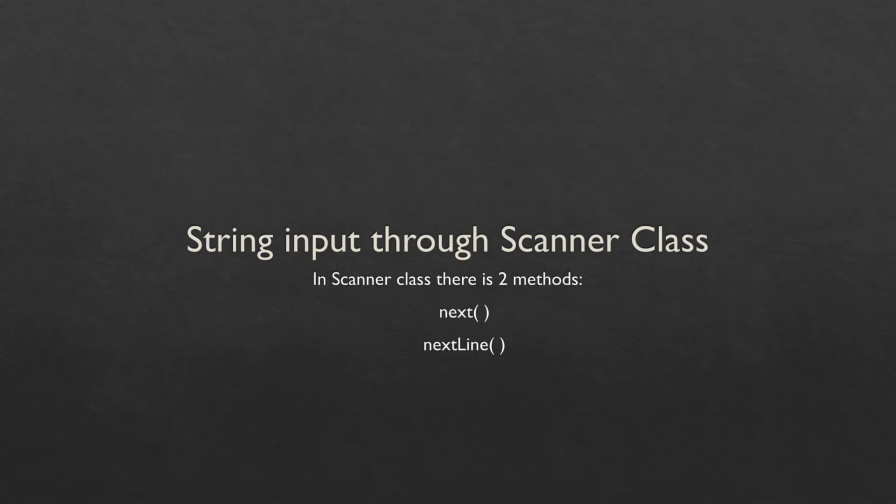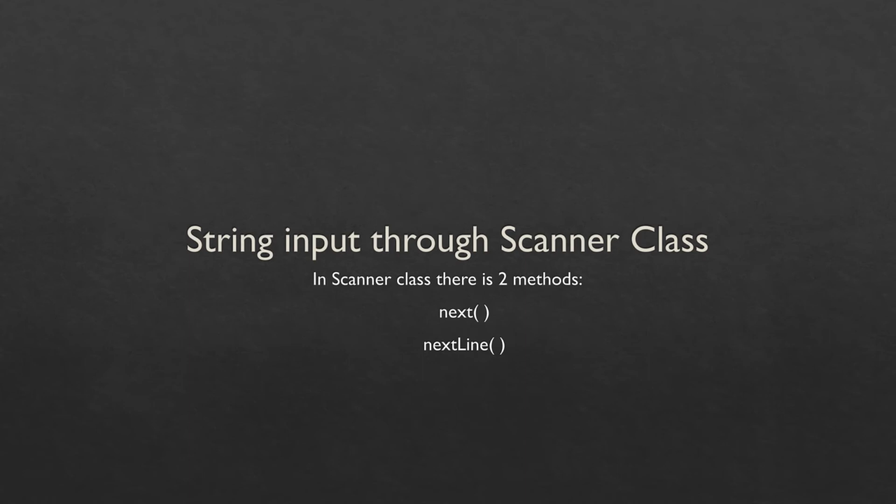So here we take string input through our Scanner class, when you want to take input from the user. In the Scanner class there are two methods, one is the next method, another one is the nextLine method.